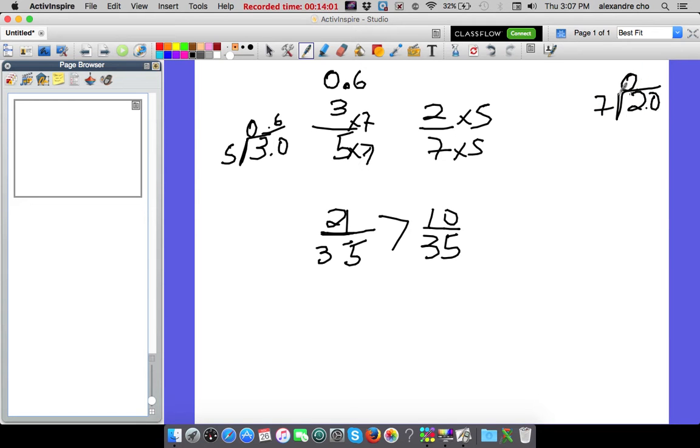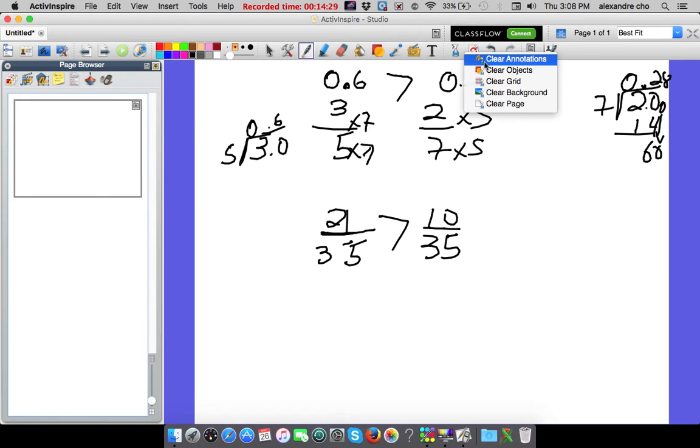Add a 0, add a decimal. 7 goes into 20 two times, 14, 6, bring down a 0. 7 goes into 60 eight times, and you still would go on, but it's about 0.28. So if you change to decimal again, you find the same answer: 0.6 is definitely bigger than 0.28. So you've got options here. That was one of them.